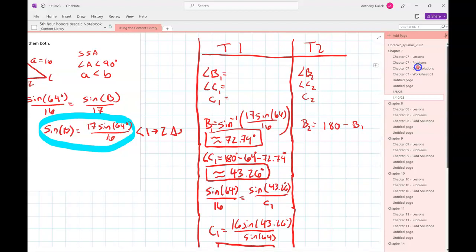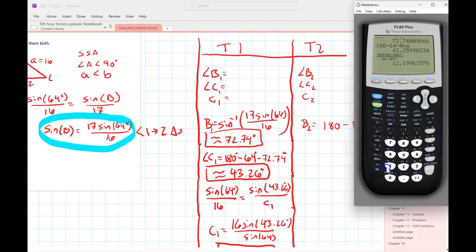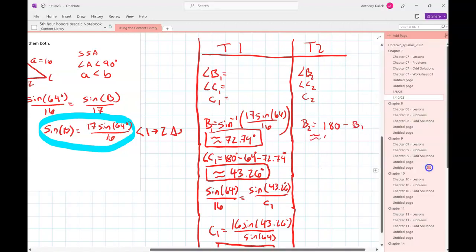So the first angle I solved from triangle 1, I can find the corresponding angle in triangle 2 by just finding the supplement to it, which is lovely, right? No law of sines necessary there. I just need to do a little subtraction. So I get 107.26 there.